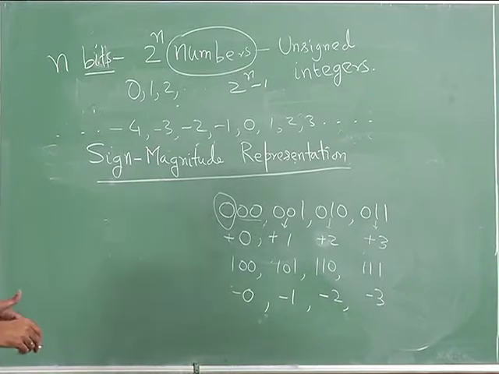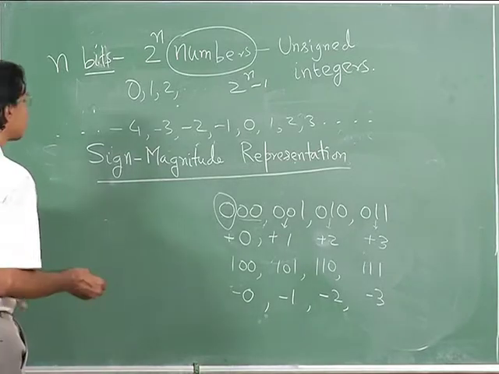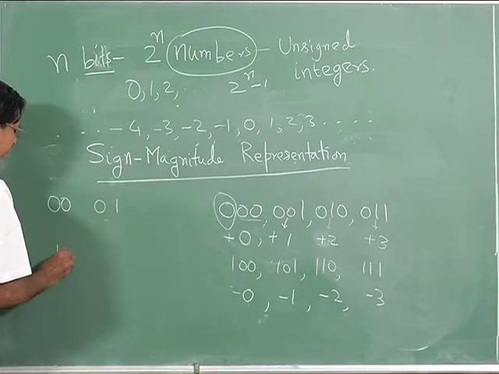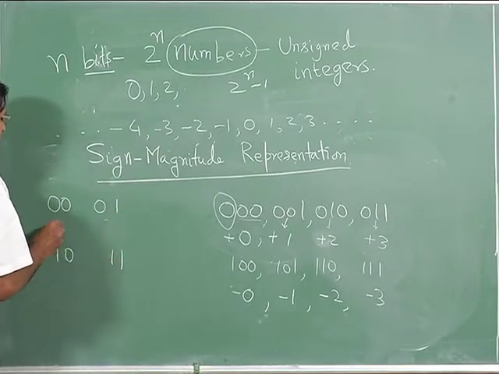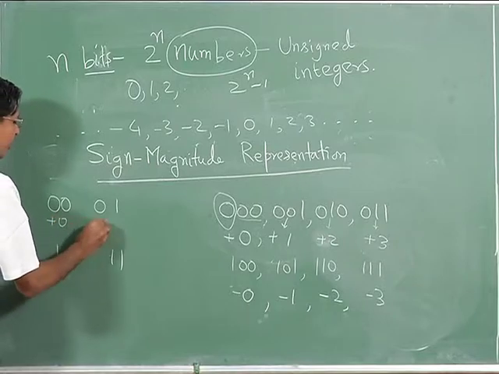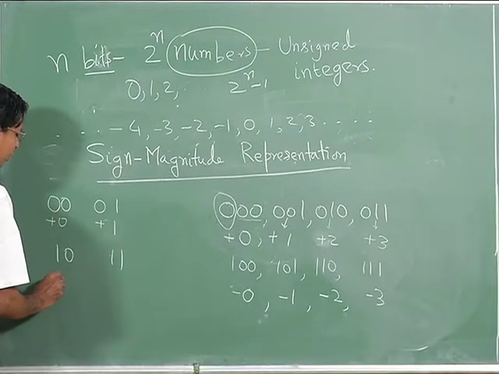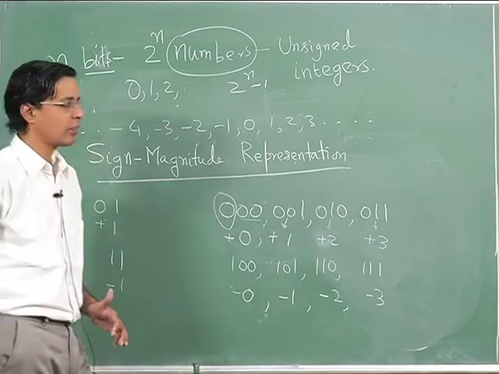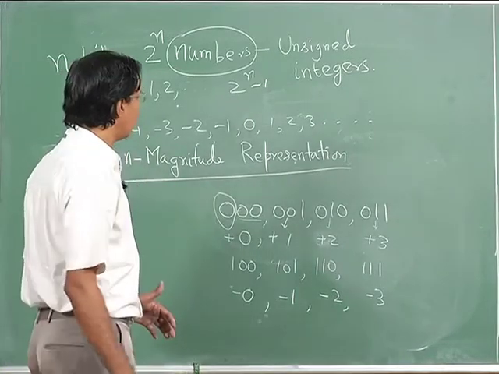So let us just do it for 2 bits: 0 0, 0 1, 1 0, 1 1. This will stand for plus 0, plus 1, minus 0, minus 1.